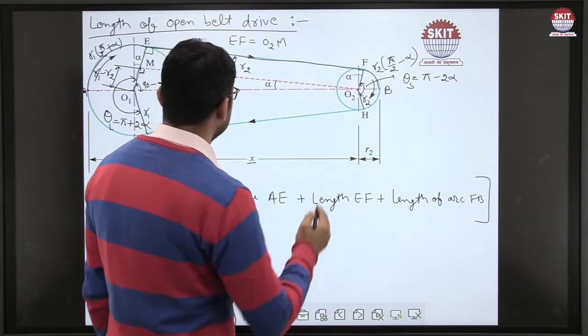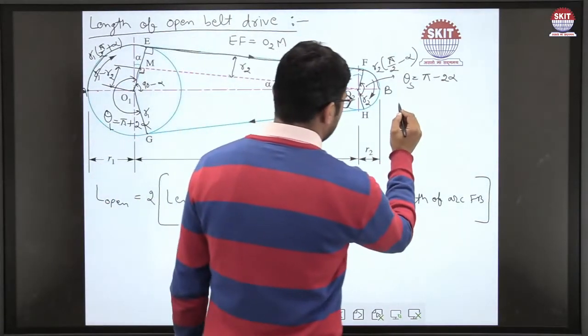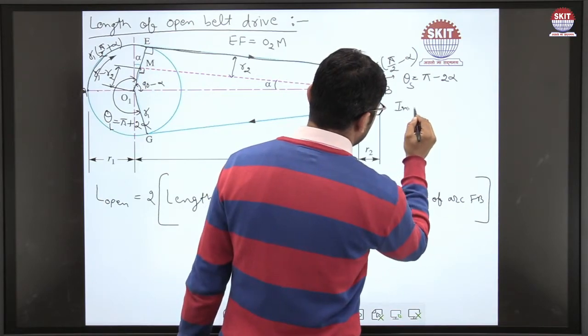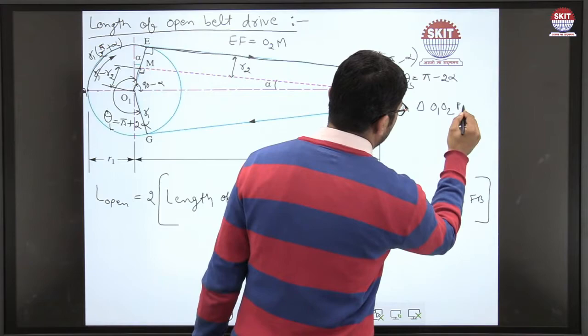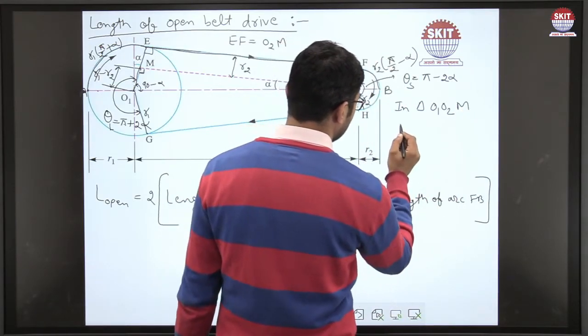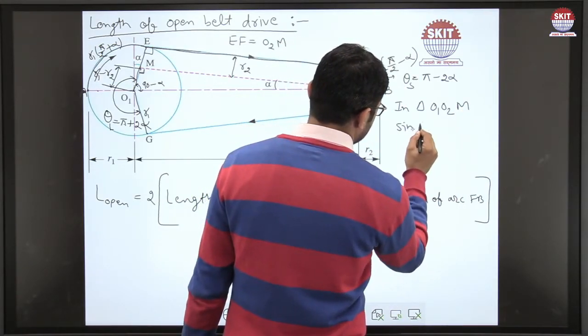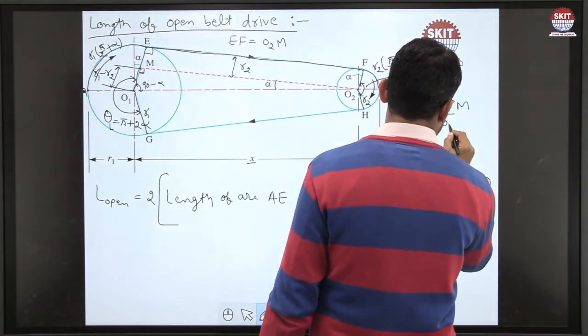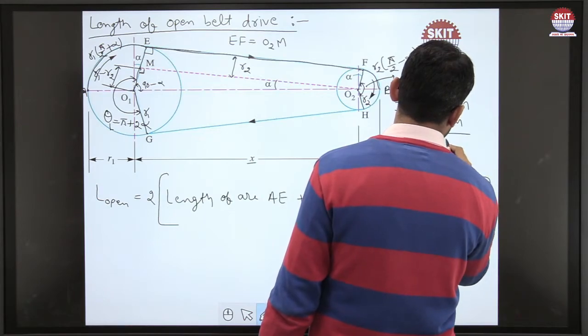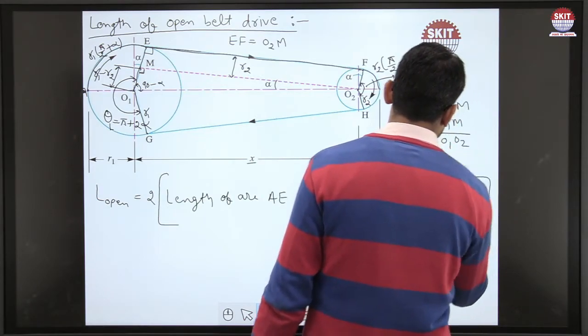So in triangle O1 O2 M, sin alpha is equal to O1M upon O1O2.